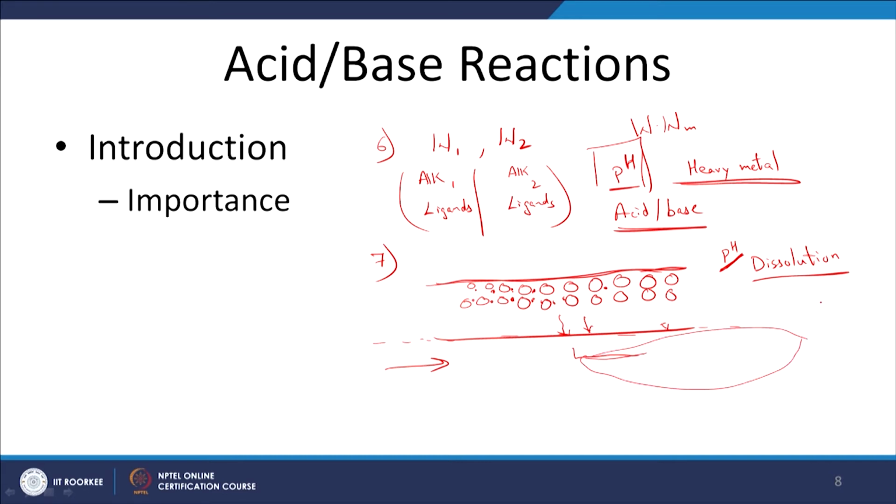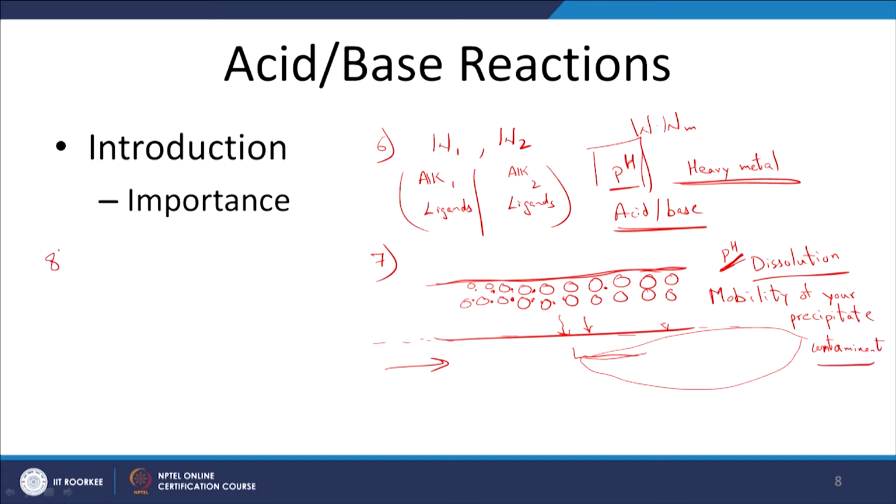So, again what is the important aspect here? pH or acid base reactions would determine the mobility of your precipitates, or contaminant. I guess a better word in this context would be contaminant. So, that is one particular case.